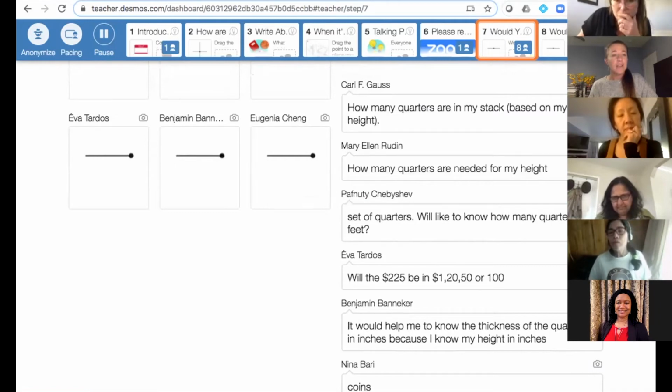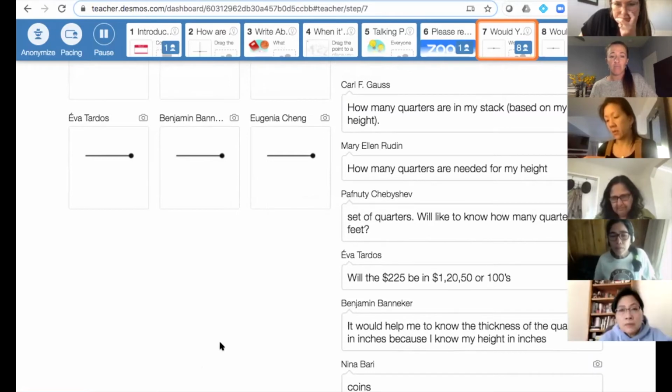Okay, so Solana is going to put into the chat a piece of information that might be useful. 1 quarter is 1.75 millimeters thick. Would that be useful? Could you use that information?